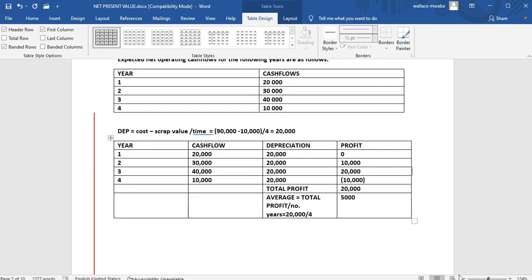Now we want to find our average investment.